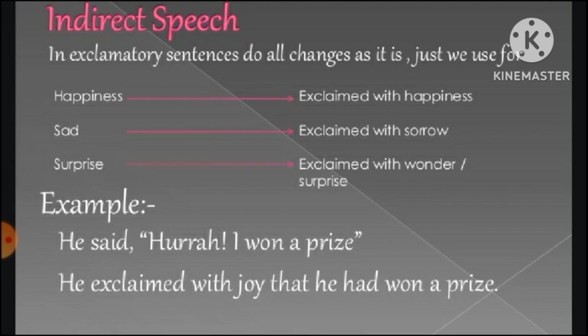So this is one thing. Another thing is here comma and inverted comma is changed into that. As I have just said, comma and inverted comma can be changed into that. That's why even in this sentence that is used.